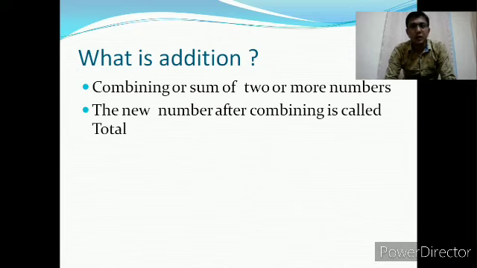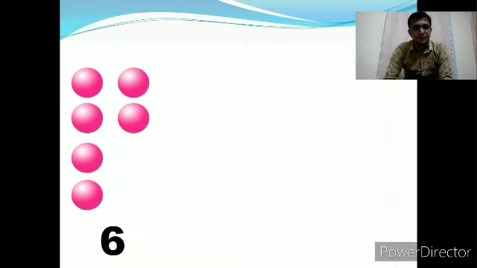The result that you get after adding those numbers is called the total. So that is the second point here. The new number after combining is called the total. Total of what? Total of the previous numbers which you have combined, that means added. So let us see this one.